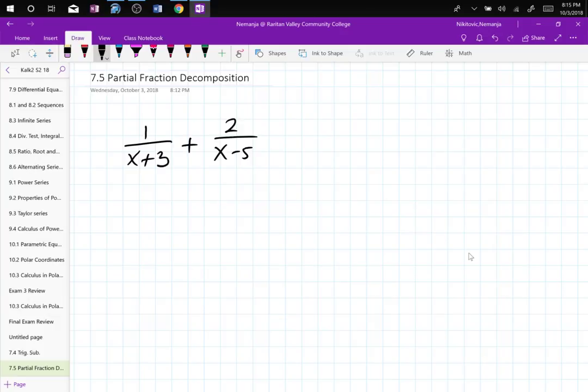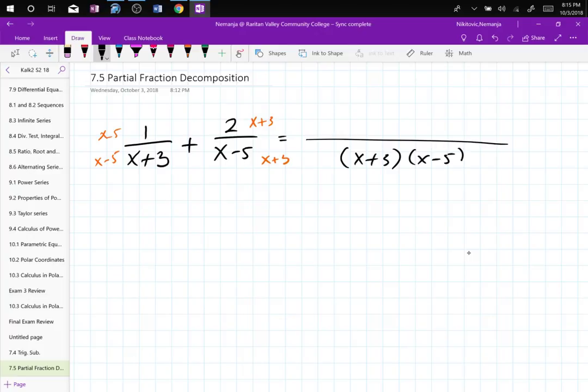So, to solve this problem, I have to multiply the left side by x minus 5 and the right side by x plus 3. So now what I get is the common denominator of x plus 3, x minus 5. And the numerators are x minus 5, when I cross multiply, plus 2x plus 6.